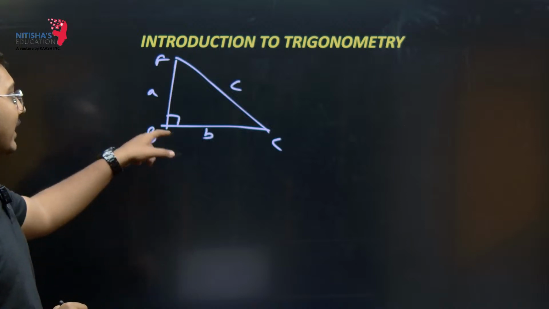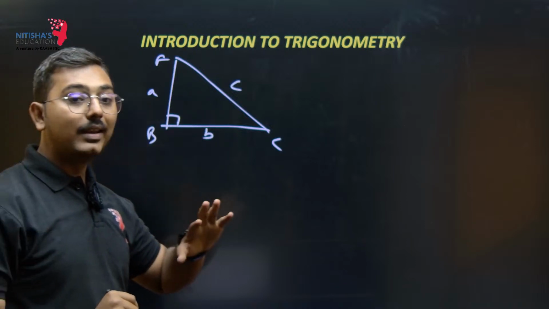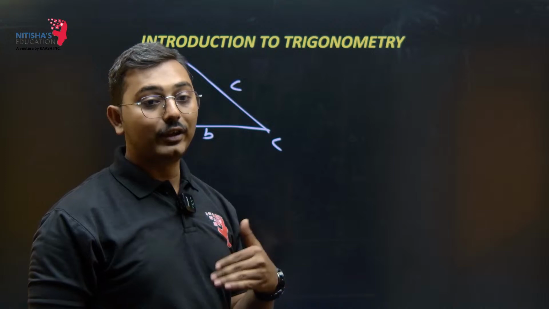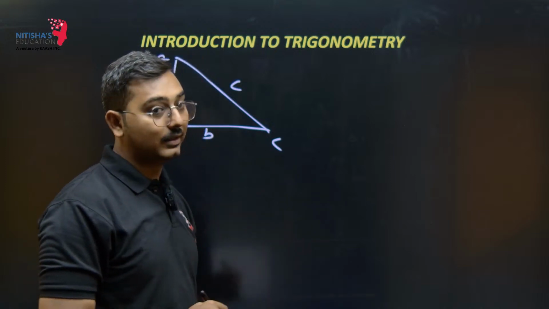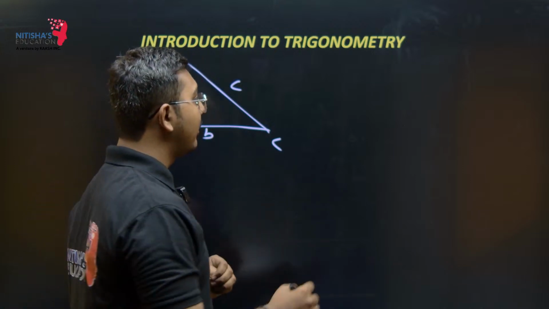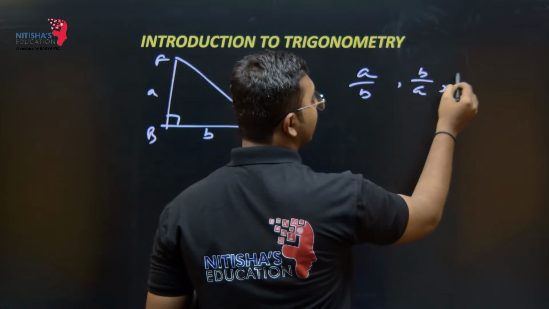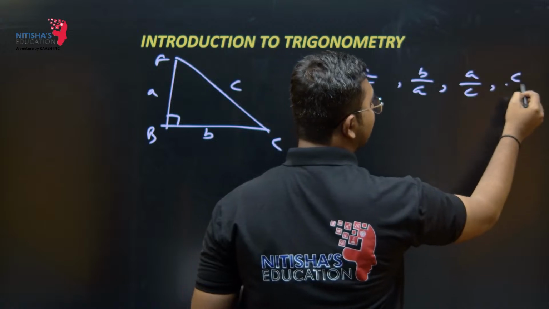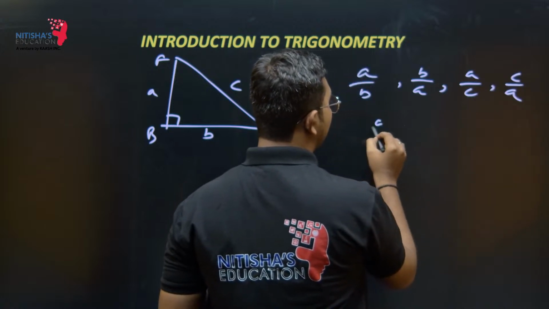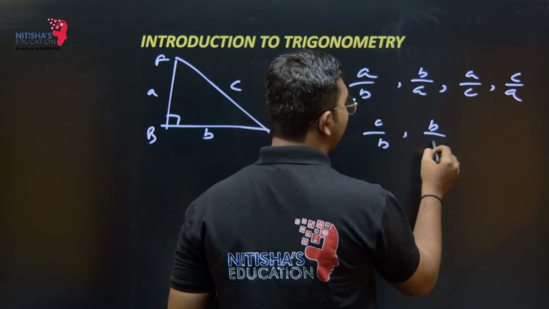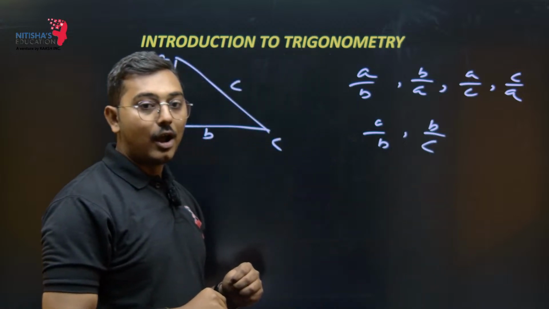So there are three sides. So how many ratios can be formed with these three numbers a, b and c? There are plenty of them. a by b, b by a, a by c, c by a, and c by b, b by c. How many ratios are formed?